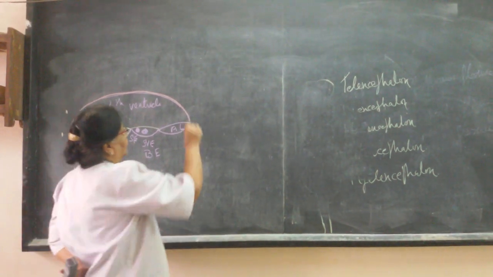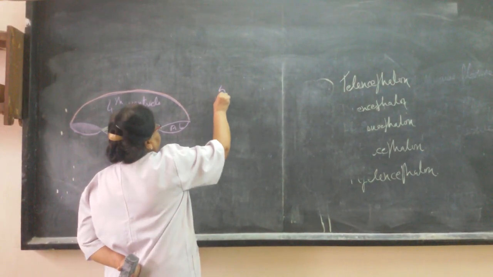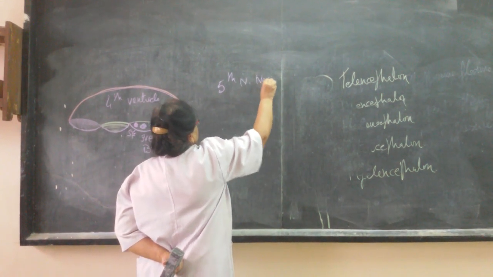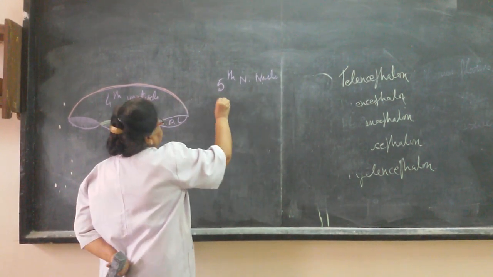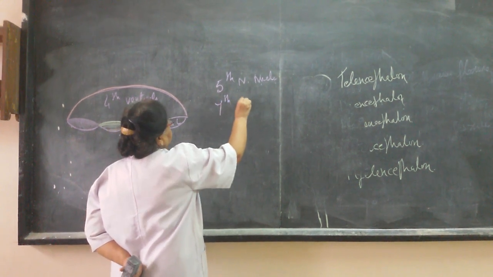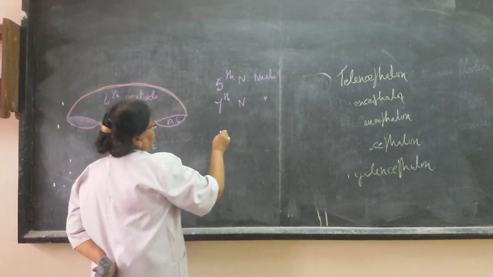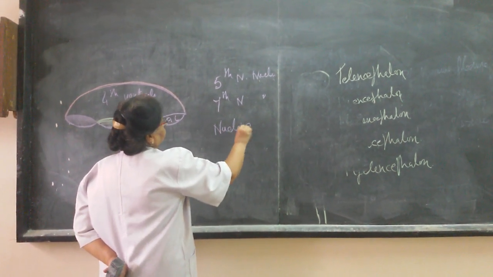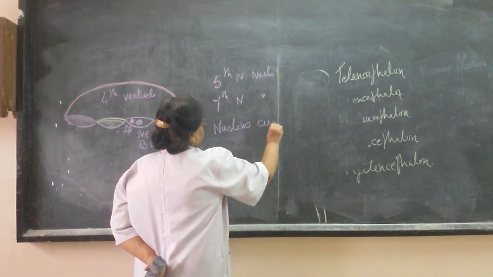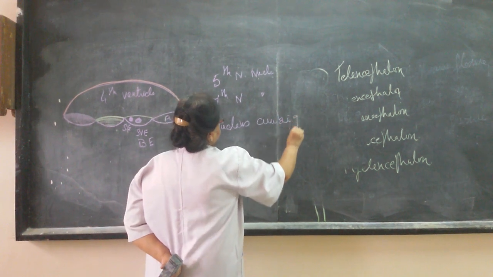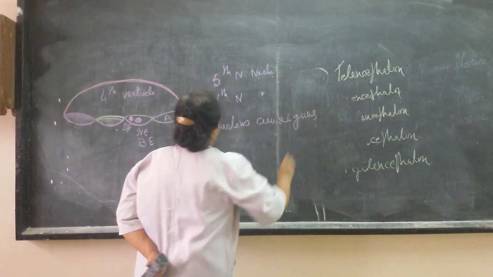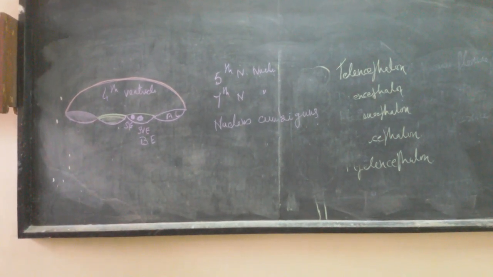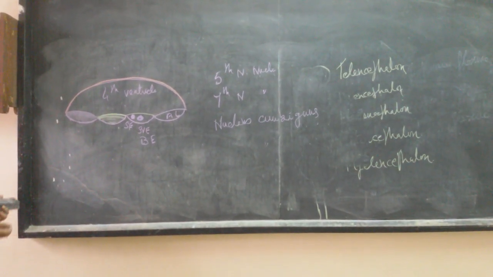And this includes the fifth nerve nucleus, seventh nerve nucleus, and nucleus ambiguus.